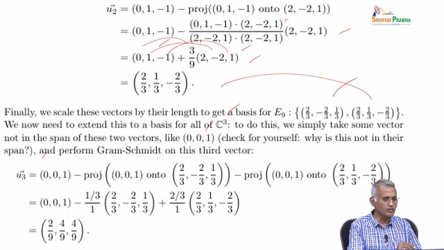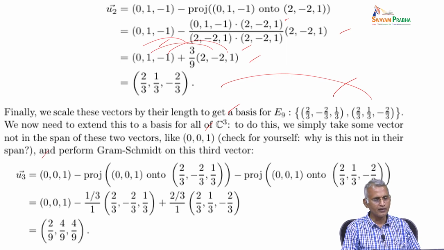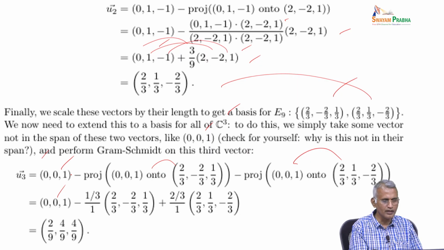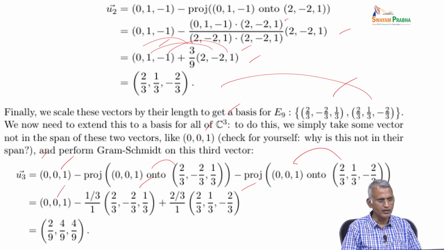So, u3 equals the vector 0, 0, 1 minus its projection onto u1 and minus its projection onto u2. Using Gram-Schmidt, the dot product of these two divided by the norm of this vector will be 1 by 3 times this, and 2 by 3 times this will come.